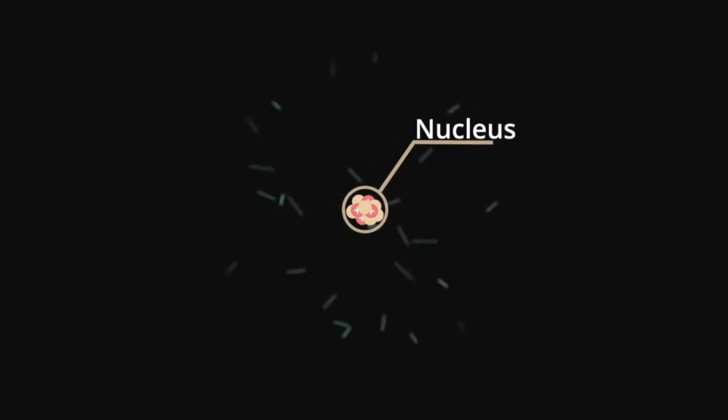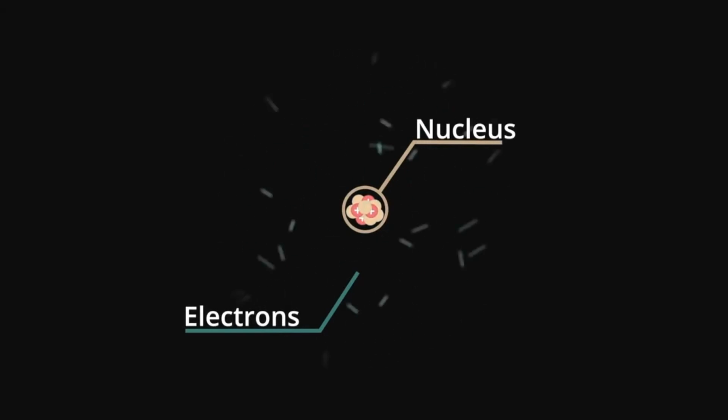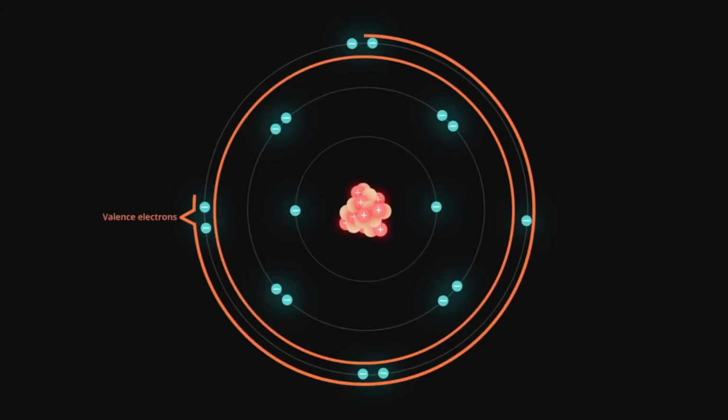Sometimes we draw atoms as balls with smooth surfaces, but they are a bit more complex than that. There is a nucleus in the center and a cloud of electrons swarming around it. And the electron cloud itself is divided into electron shells. The outermost electrons, the valence electrons, are the reason why chemical reactions occur at all.